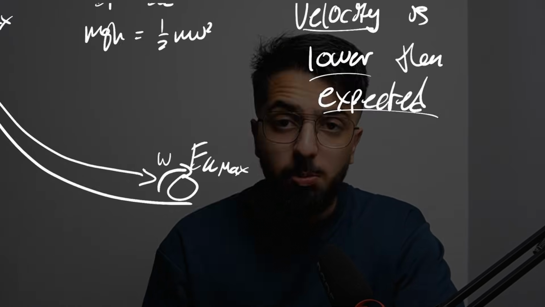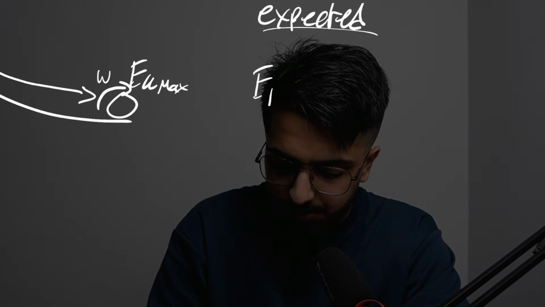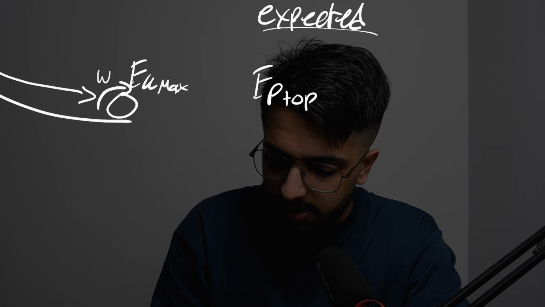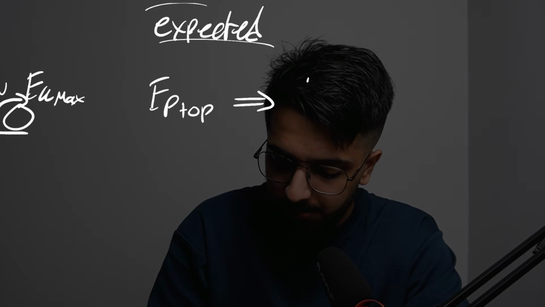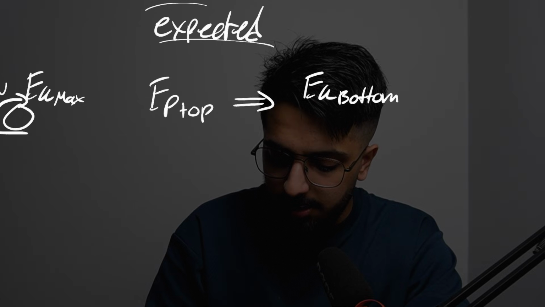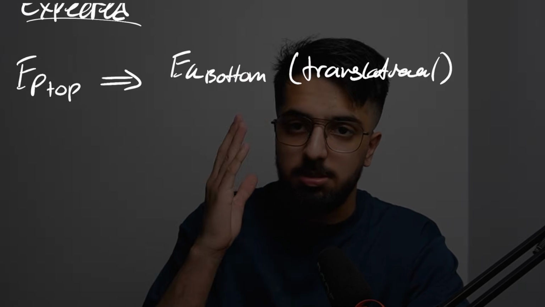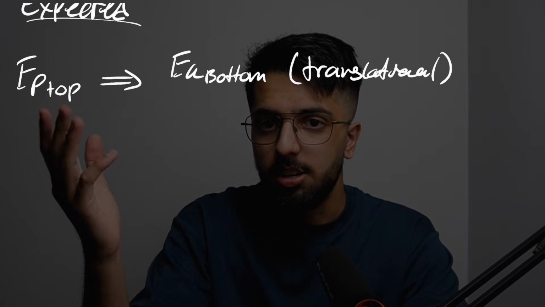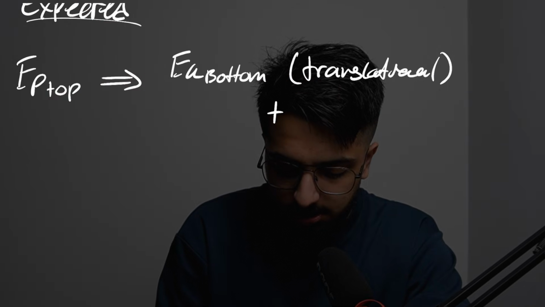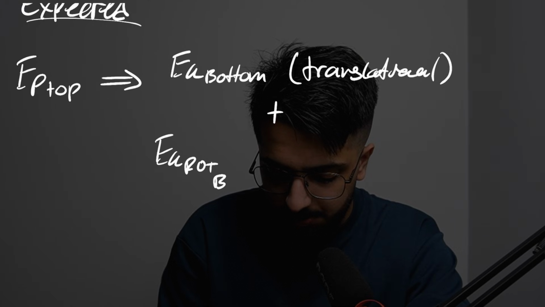So what we really should say is that the EP at the top translates into EK at the bottom, and this is translational, which just means forwards, linear, if you will. But it also gets converted into EK rotational at the bottom.